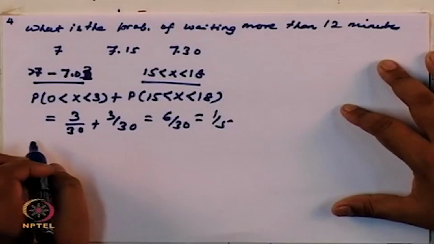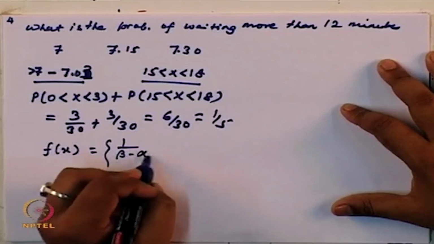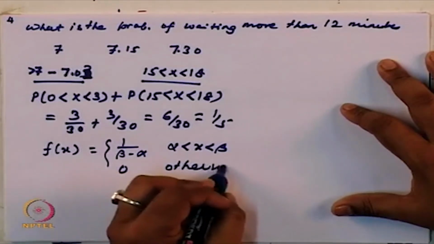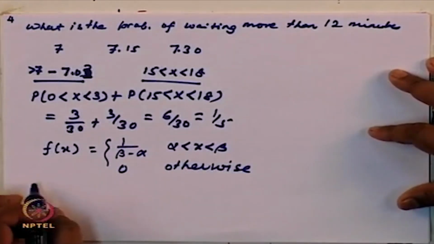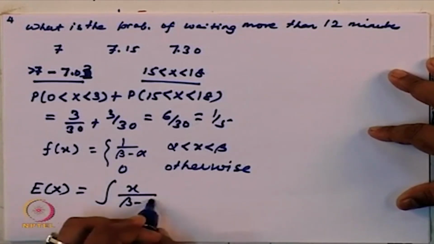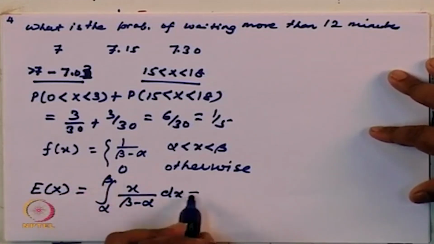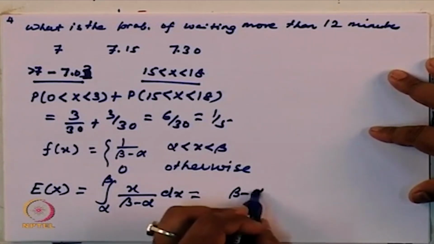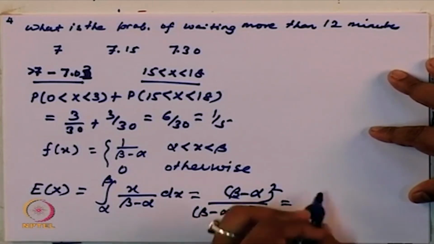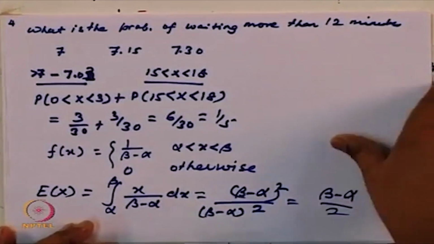So, for a uniform distribution, once again I write this is 1 by beta minus alpha for alpha less than x less than beta and 0 otherwise. You can calculate the expectation of this variable, which is nothing but x times this density.